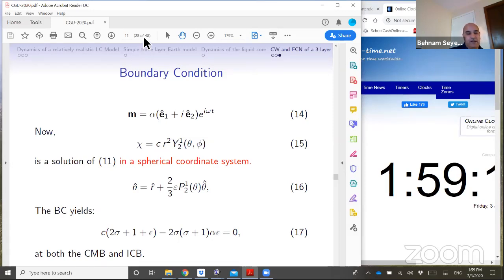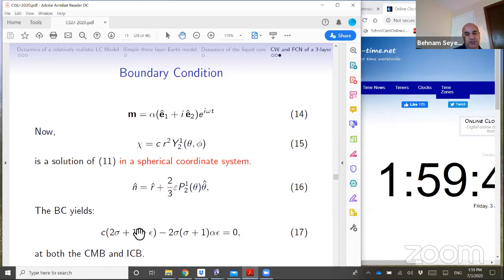And as you can see, we have two unknowns here. One of them is C, which is from chi, and the other one is alpha, of course, which is the amplitude of bubble. If alpha is equal to 0, then of course you can see that here we have one solution, and that solution is actually the frequency of the spin-over mode, which is a purely toroidal mode if alpha is equal to 0.